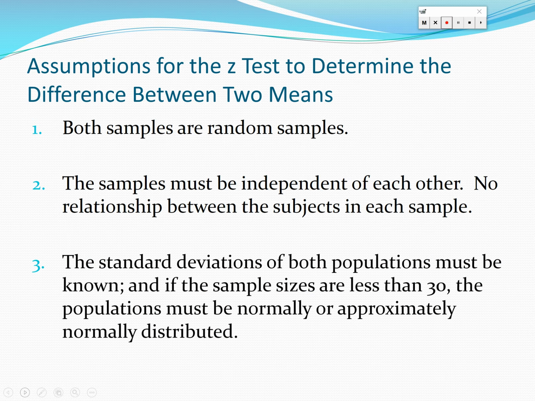Our assumptions: both samples are random, the samples are independent, and the standard deviations, and here it is, this is the common theme, guys, the standard deviations of the populations are known. When we did a z-interval for a mean in confidence intervals, we knew the population standard deviation.